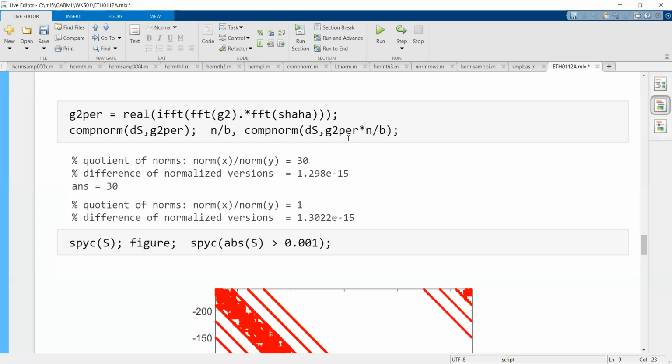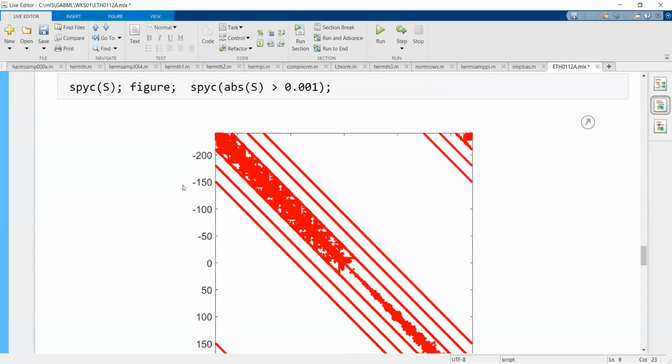Therefore, I'm multiplying the small one with this missing factor. N is 480, b is 16. And I'm really showing that they are now equal in length and equal. So it's just confirming the insight that the matrix that we get is not a random matrix. It's a matrix which is a periodic thing, and the window is used for analysis and synthesis. This is why it comes in twice.